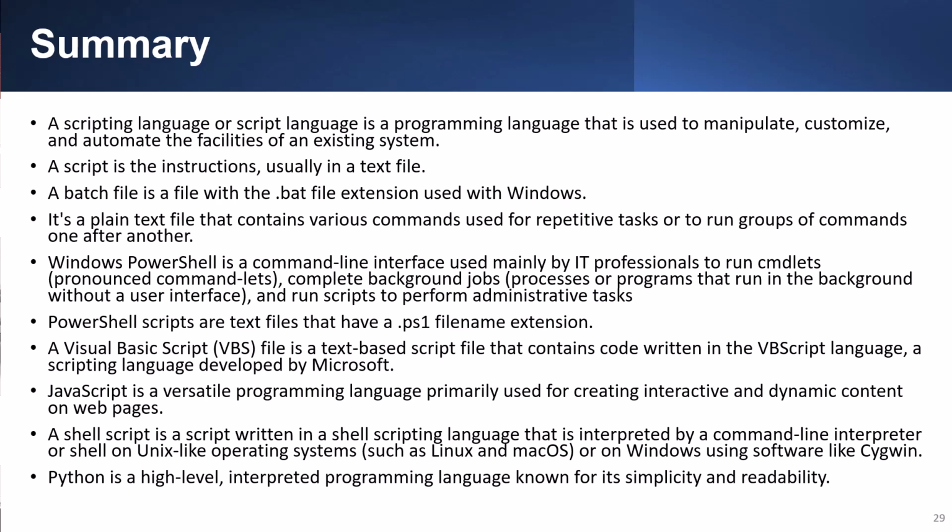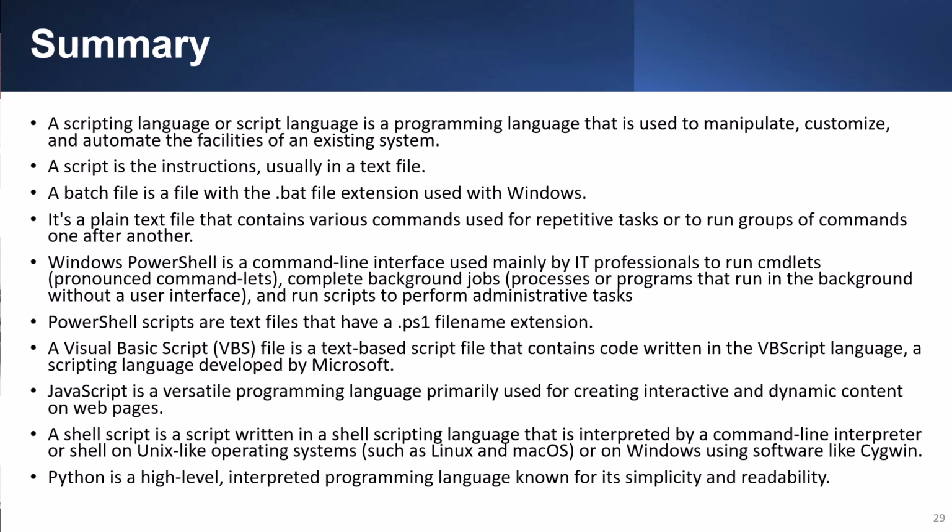Windows PowerShell is a command line interface used mainly by IT professionals to run cmdlets so as to complete background jobs such as processes or programs that run in the background without a user interface and run scripts to perform administrative tasks. PowerShell scripts are text files that have a .ps1 file name extension.